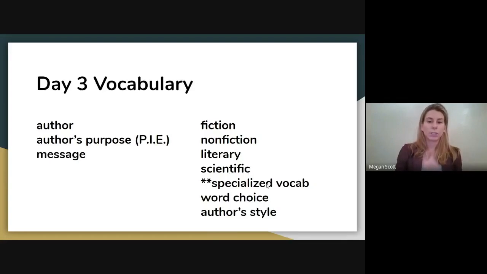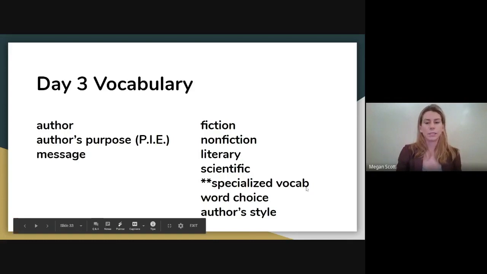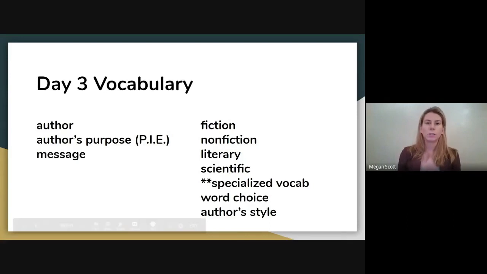Scientific texts in particular, as well as any specialized text, include specialized vocabulary. That's vocabulary that's specific to a trade or a job or a thing. If you were a car mechanic, you would have specialized vocabulary, maybe the word brake or rotor, hubcap. Those words are specialized or specific to that job or trade or cars. You probably wouldn't hear those words in a different job.